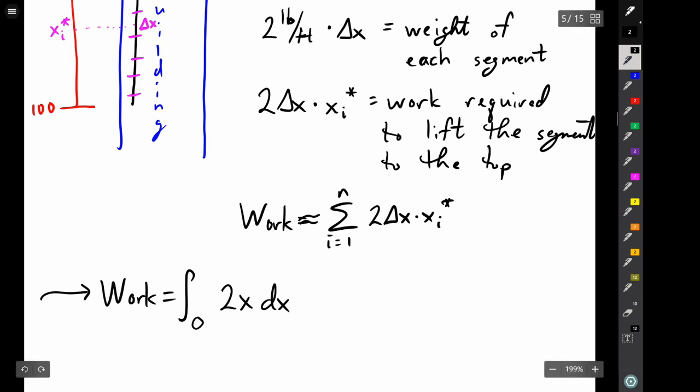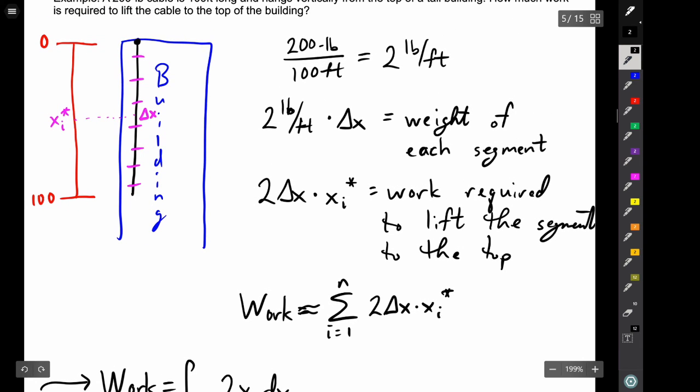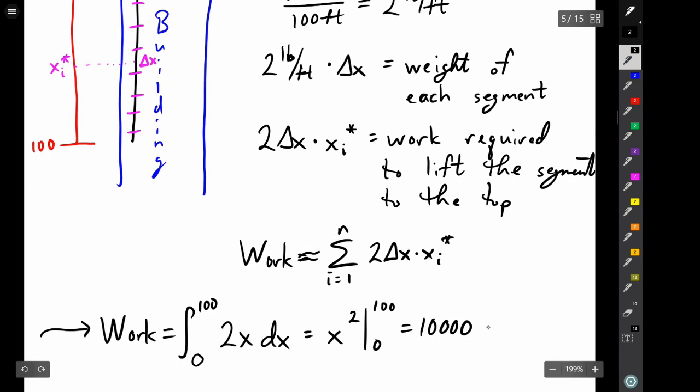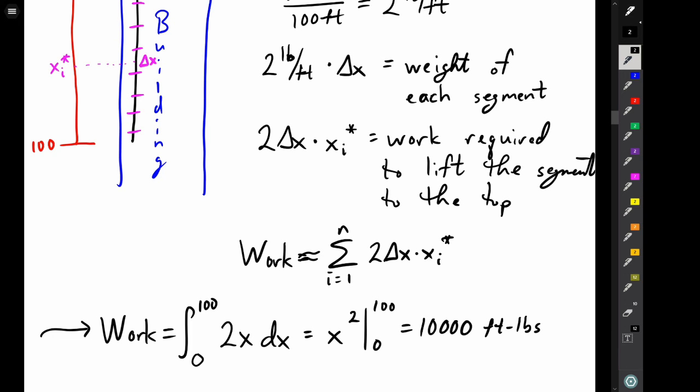Well, the bounds are from the smallest distance I pull up to the largest distance I have to pull up. So it's from 0 to 100. Putting that all together, this is 10,000. In this case, the units are going to be foot-pounds, because these are imperial units here.